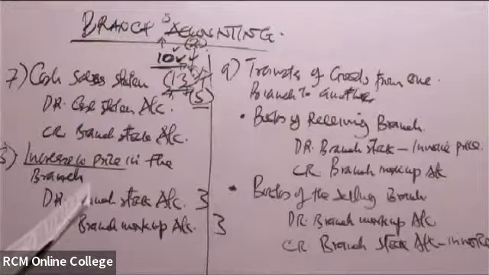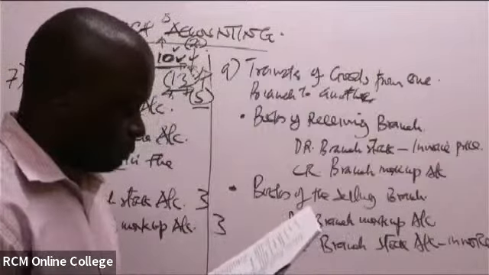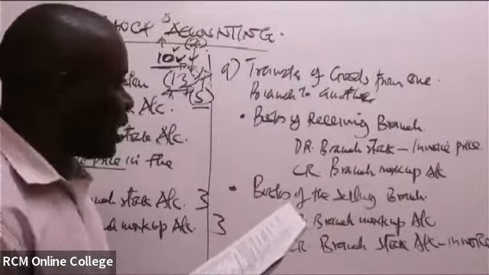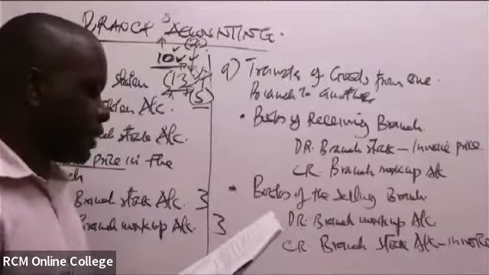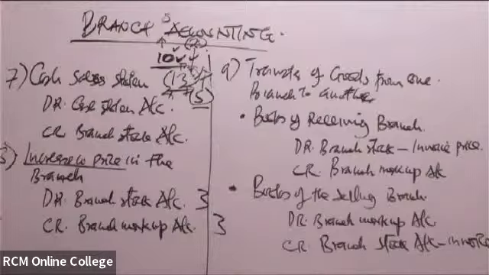Then there's one account we've talked about, the goods sent to the branch account. It will have a balancing figure. That balancing figure will be the purchases for that branch.